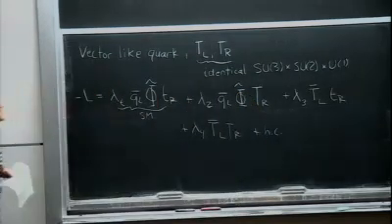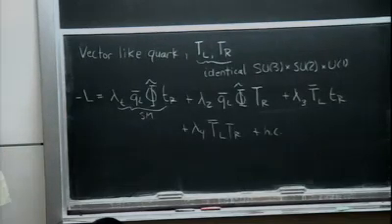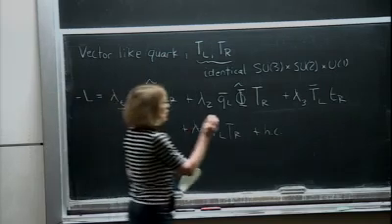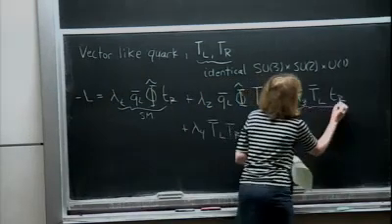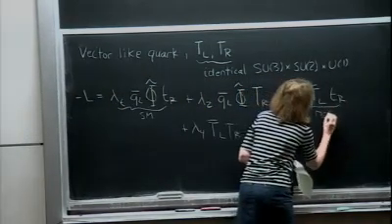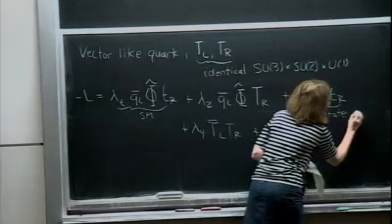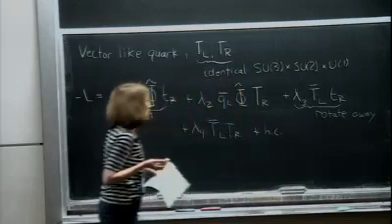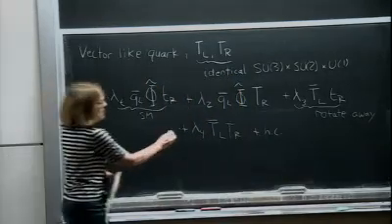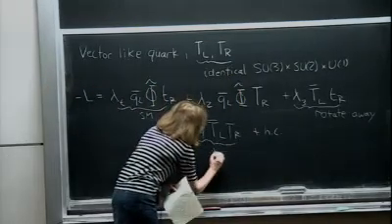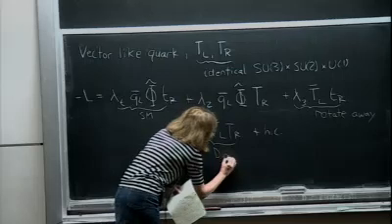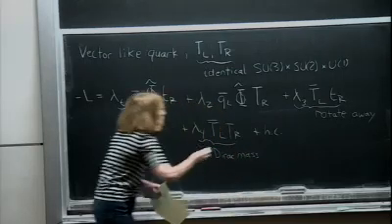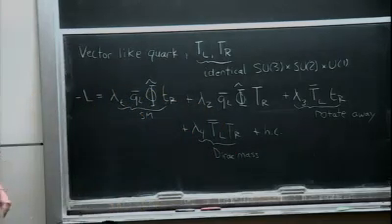So this is what happens when I start trying to add vector-like quarks to the theory. This particular guy, I can rotate away just by redefining my fields. But this guy is interesting. You can have a Dirac mass. So I can just write down a term which is a Dirac mass.